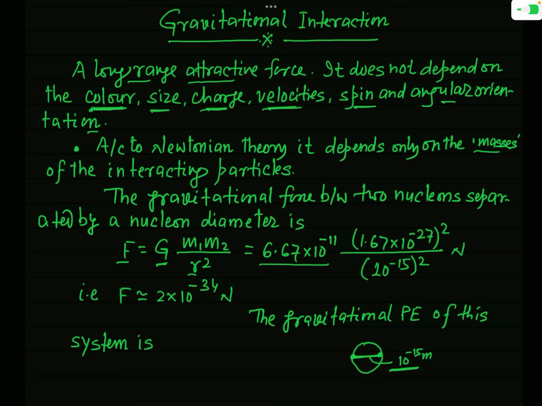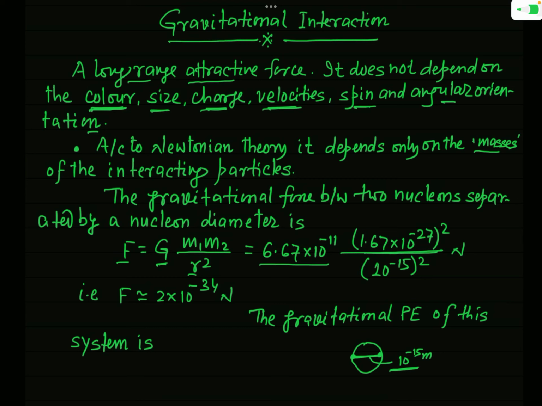And here m1 and m2 are the masses of the two nucleons, and roughly the masses of the two nucleons will be the same. That is, the mass of a proton and the mass of a neutron, roughly we take it the same, and that is equal to 1.67 into 10 to the power minus 27 kg.